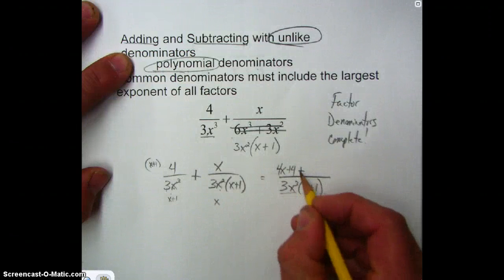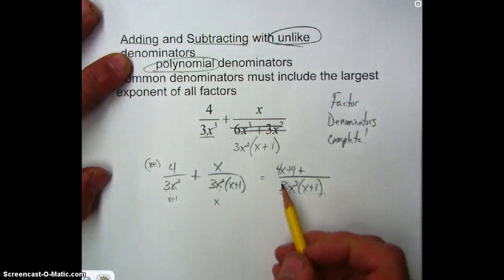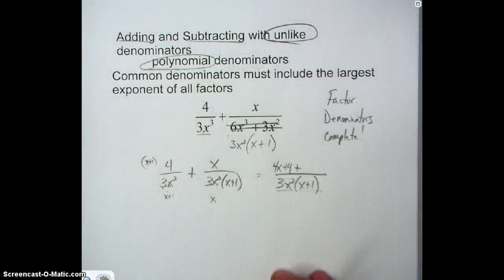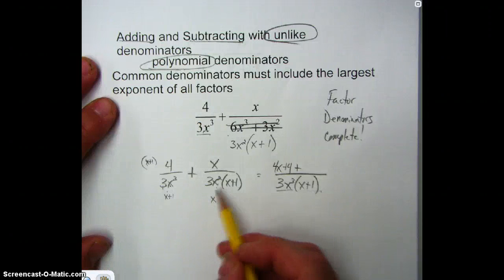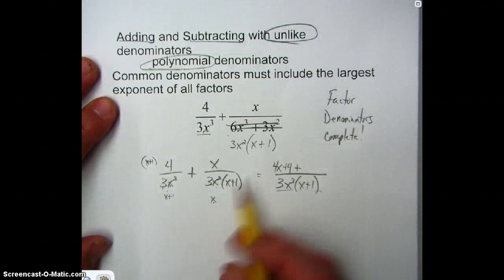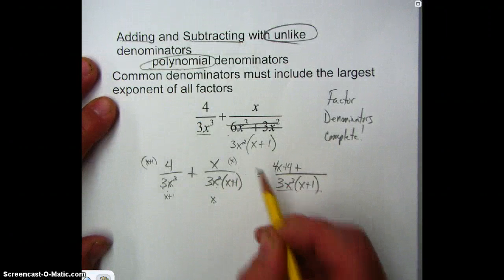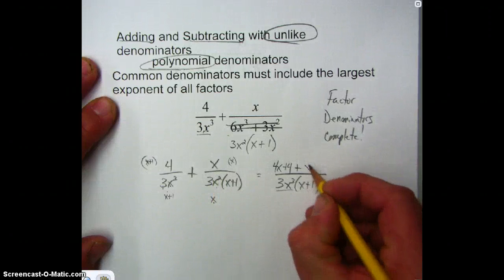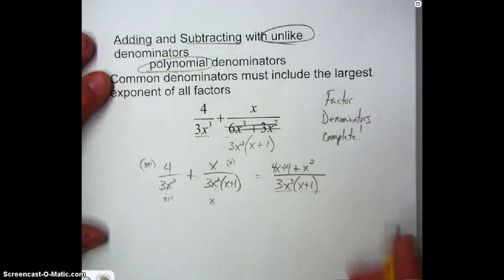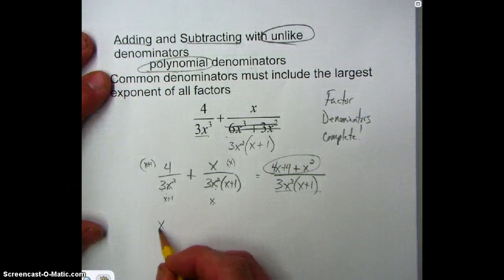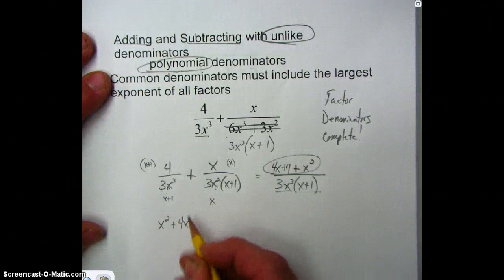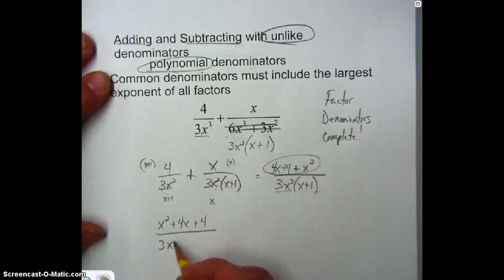Plus, now for the other one, we're missing just an x, so I multiply the top by an x. x times x is x squared. I like to put that in standard form. So you get x squared plus 4x plus 4 all over 3x cubed times x plus 1.